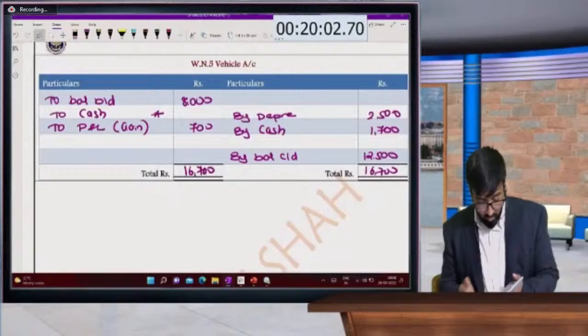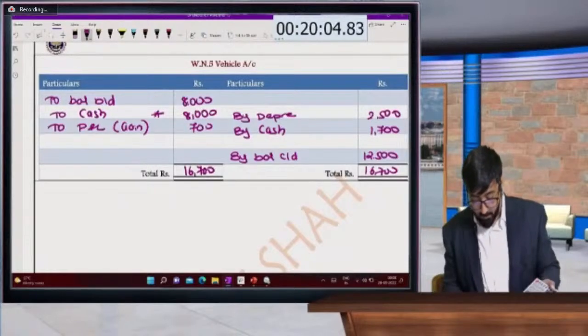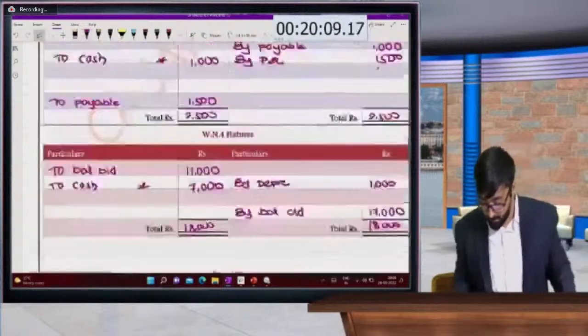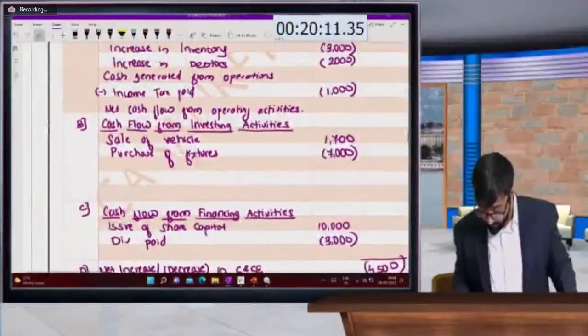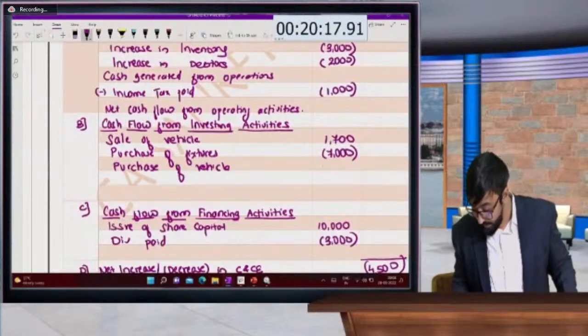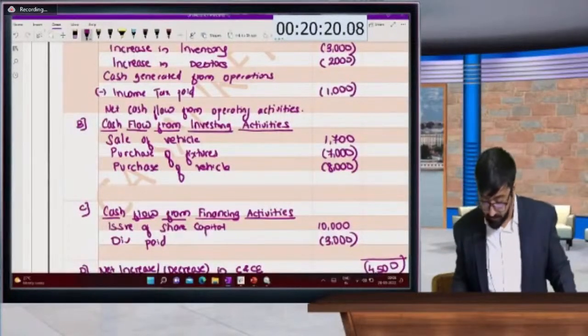Minus 8,700, 8,000. Purchase of vehicle negative 8,000.